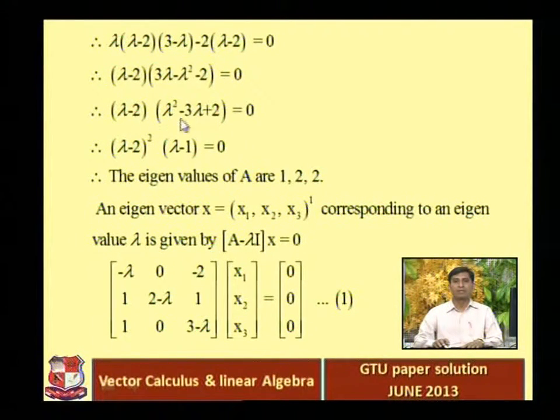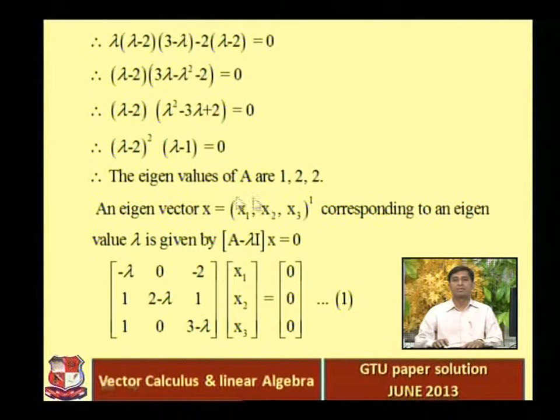So lambda minus 2, now multiply this bracket by minus 1, and the right hand side is already 0, so nothing is affected. Lambda square minus 3 lambda plus 2 equal to 0, and when we factor this degree 2 polynomial, we get lambda minus 2 into lambda minus 1. So lambda minus 2 square into lambda minus 1 is equal to 0.